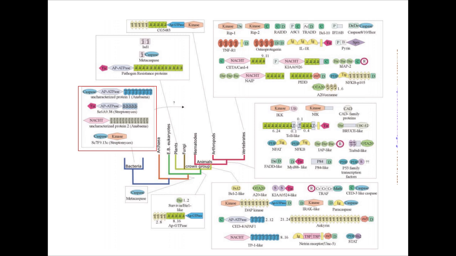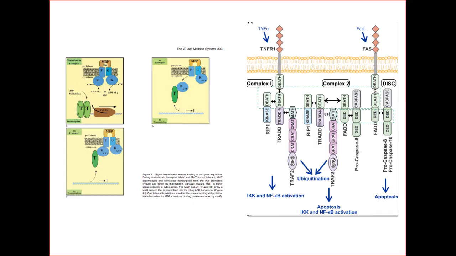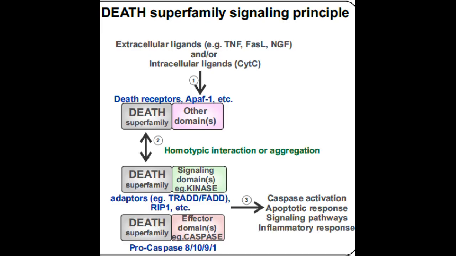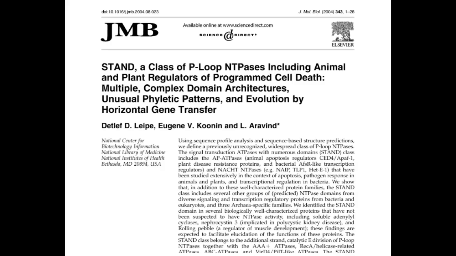And some broad mechanisms which could be predicted based on sequence analysis had also become clear, which included, to just recap, the homotypic interactions between domains of the death-like superfamily, the peptidolytic effector systems based on caspases, and the regulatory systems based on the STAND class of NTPases.